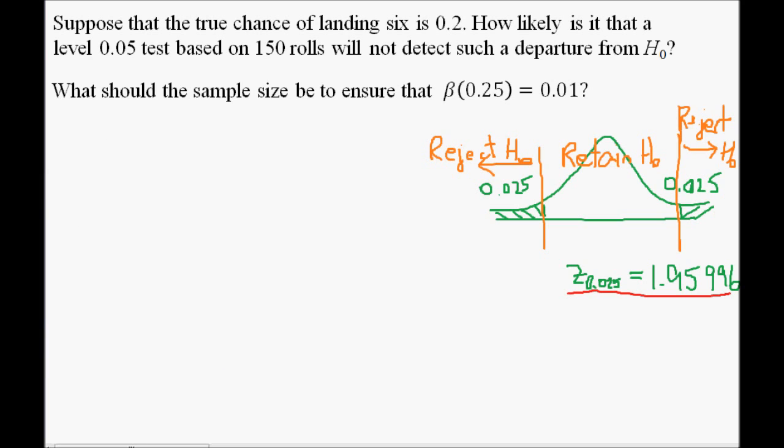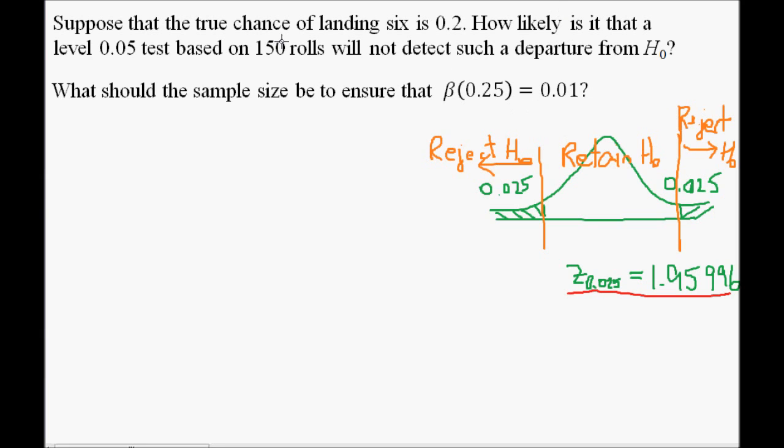We now finish this with the third part of the problem. What should the sample size be to ensure that beta of 0.25 is equal to 0.01? So before we had, if p prime was equal to 0.2, a beta that was certainly not that small. How big should the sample size be so that beta of 0.25 is equal to 0.01?